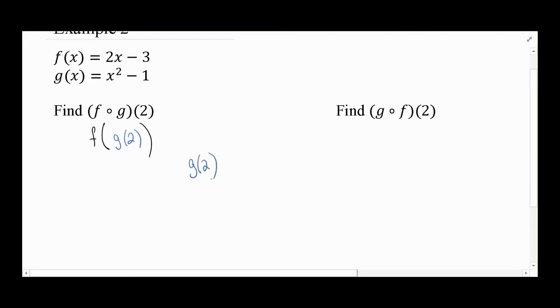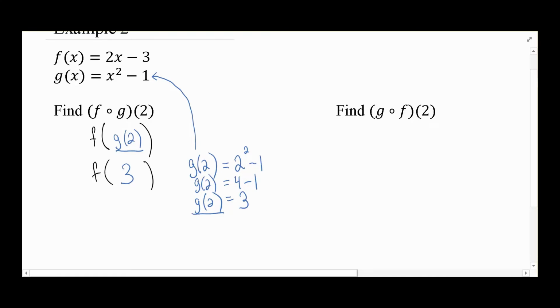So if I want to know what g of 2 is equal to, then that says look at my g function and just plug a 2 in. That's what g of 2 means. So it means 2 squared minus 1, which is 4 minus 1, which is 3. G of 2 is the same thing as 3. So I can replace that g of 2 with just the number 3 because it means the same thing.